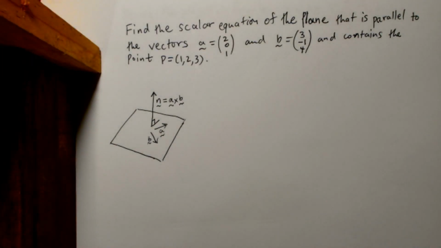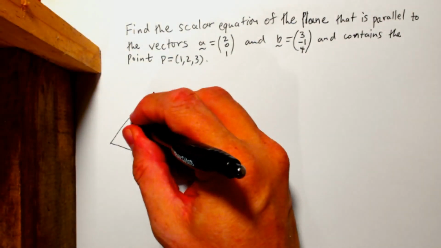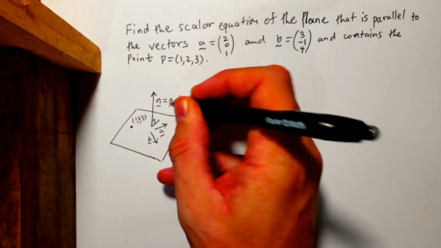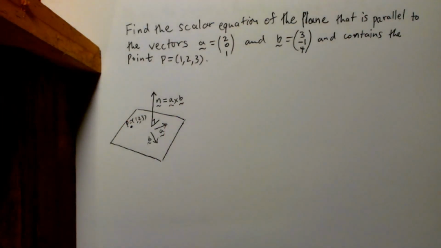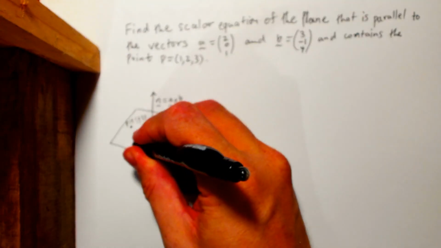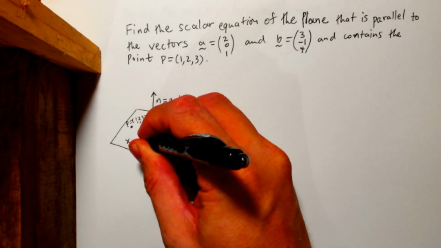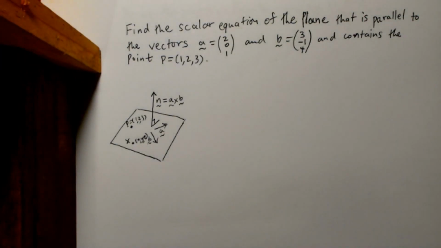Okay, now over somewhere, say here, we might have the point 1, 2, 3. And then also on the plane, let's choose an arbitrary point x, y, z and call that uppercase X. You can see the diagram's a little small now.